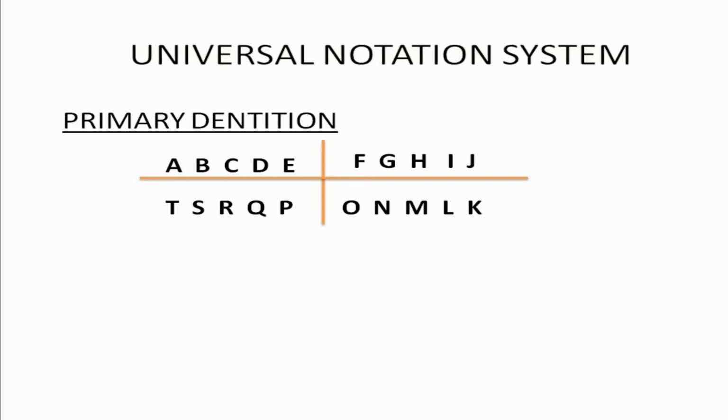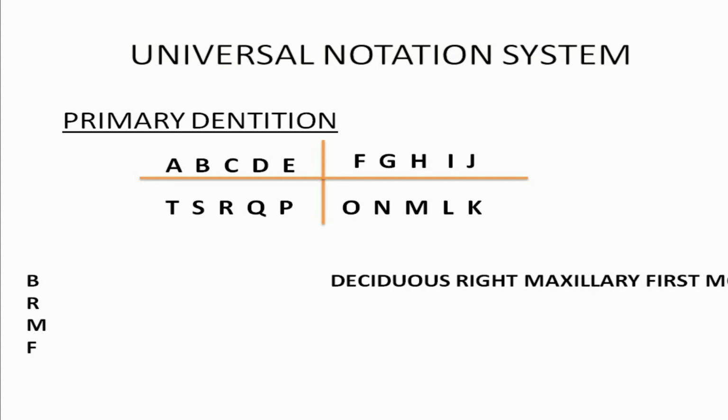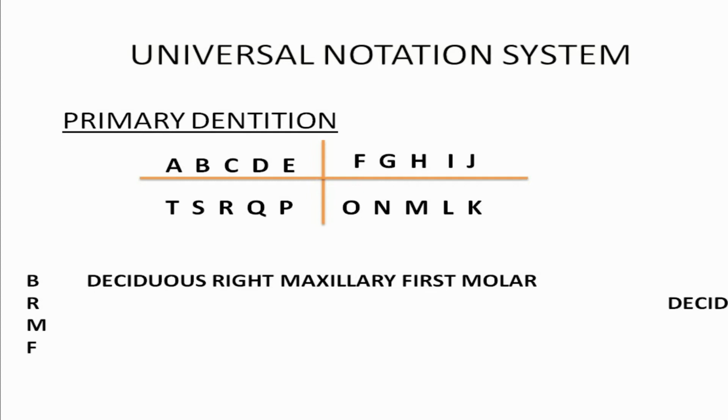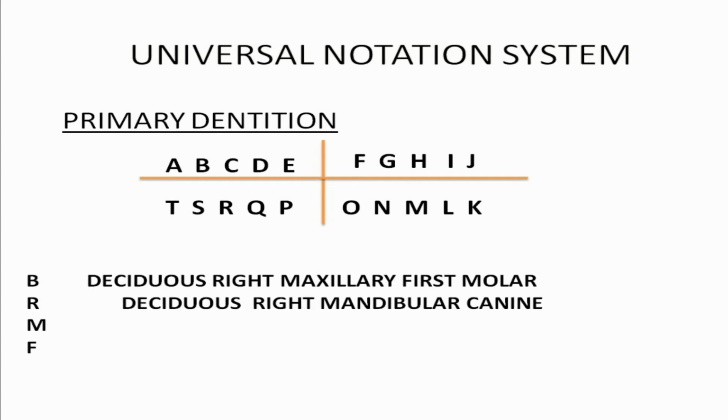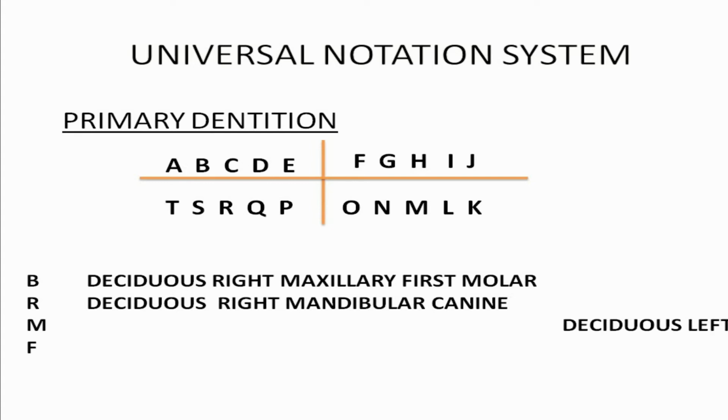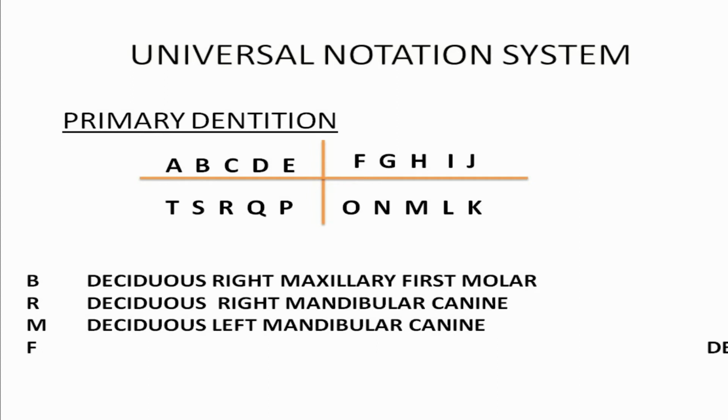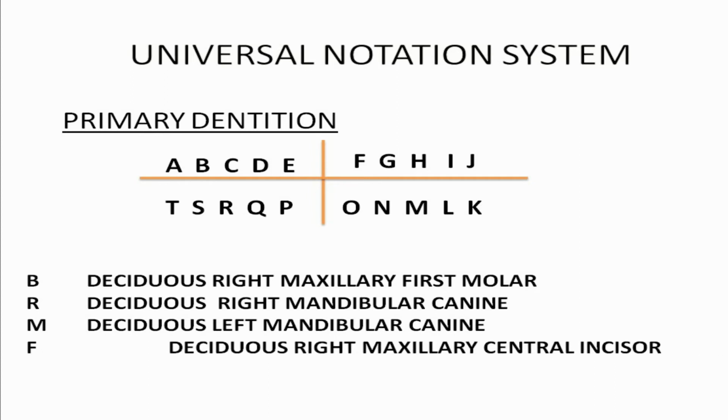I'll give you a few examples. The alphabet B denotes deciduous right maxillary first molar. Alphabet R denotes deciduous right mandibular canine. Alphabet M denotes deciduous left mandibular canine. Alphabet F denotes deciduous right maxillary central incisor.